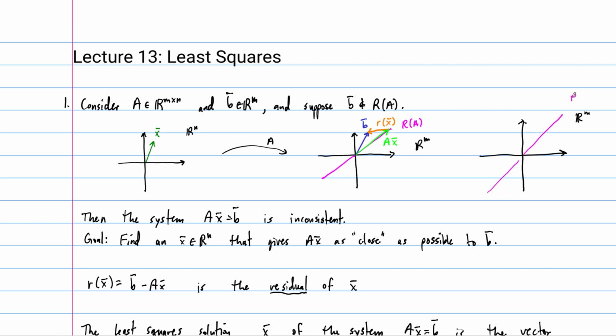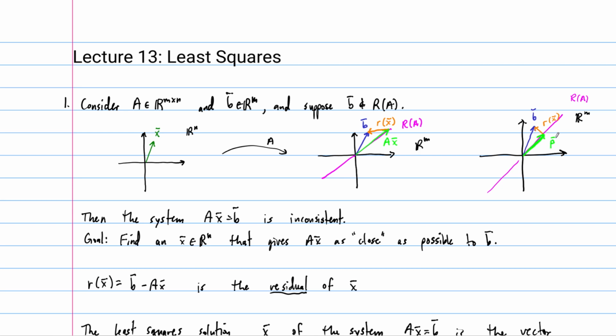Remember, there's our image space of A, and we have our vector b that is not in the image, so it's not in the column space of A. And so our vector R is going to be the shortest length when it forms a perfect right angle, a pi over 2 angle here. So in other words, when R(x) is orthogonal to this projection vector down here.